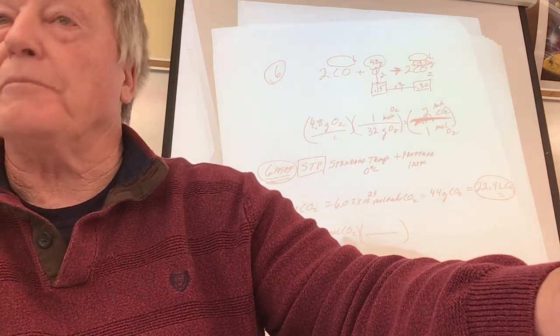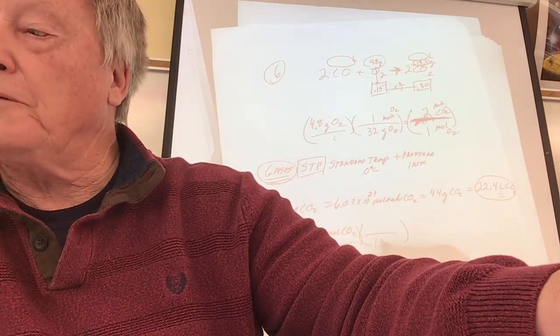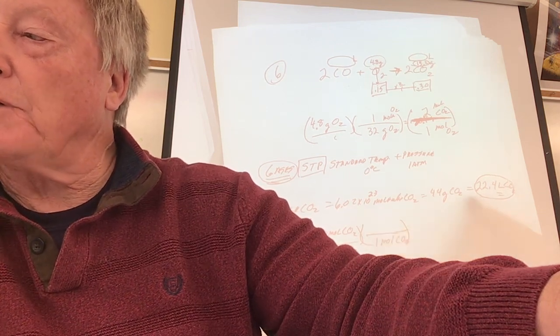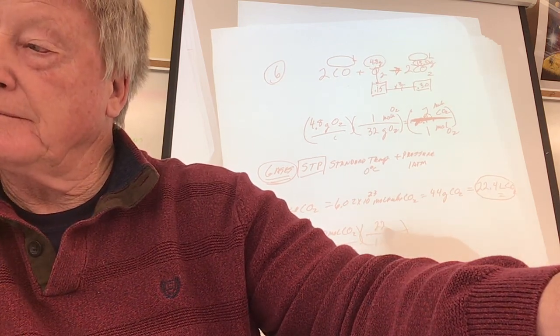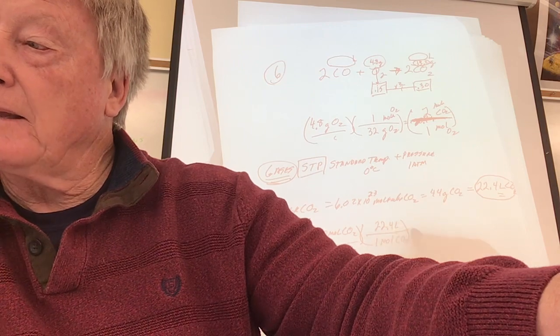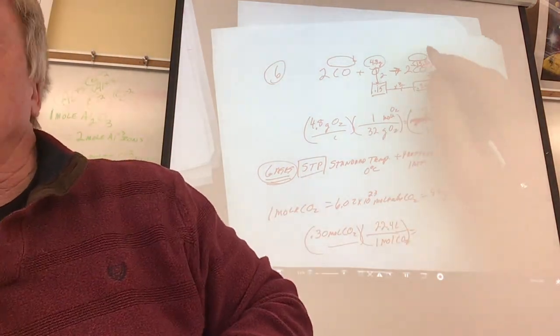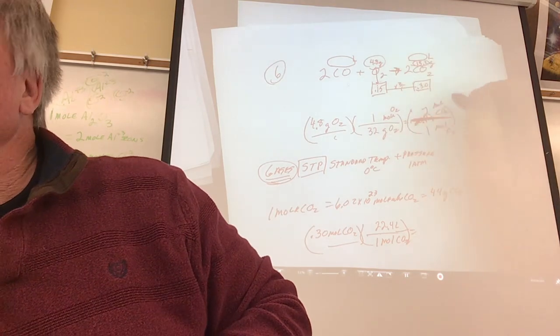What do you know about carbon dioxide? I know that 1 mole of carbon dioxide is the same as what? 22.4. Okay, so tell me how many liters of carbon dioxide are going to be made? How are we going to do it?